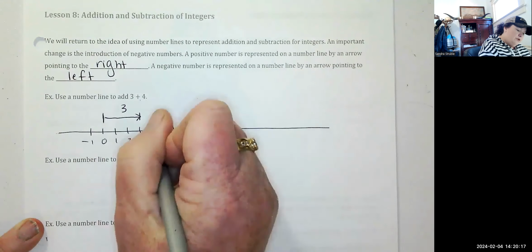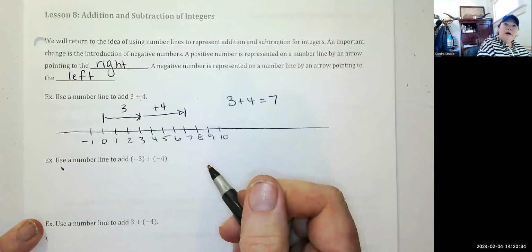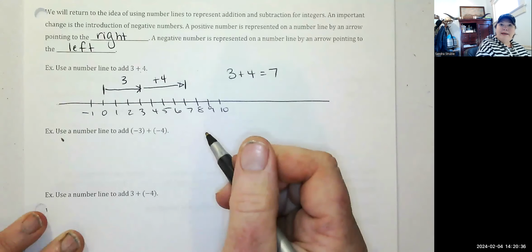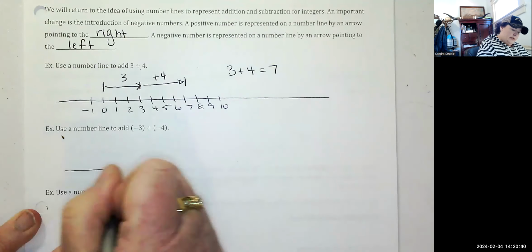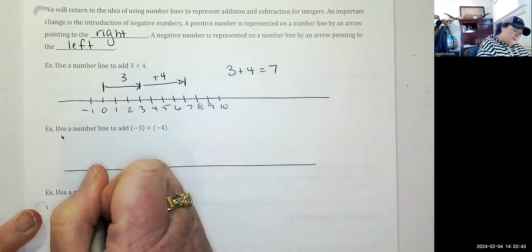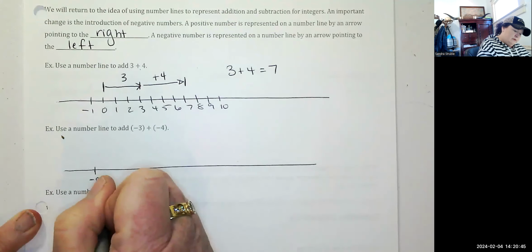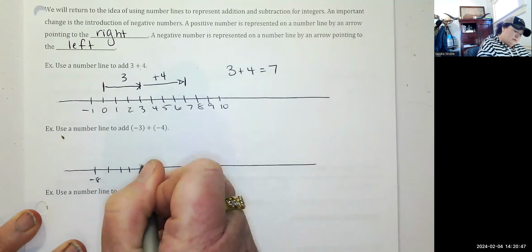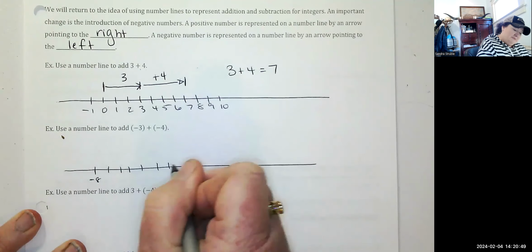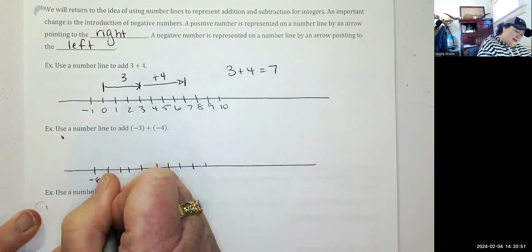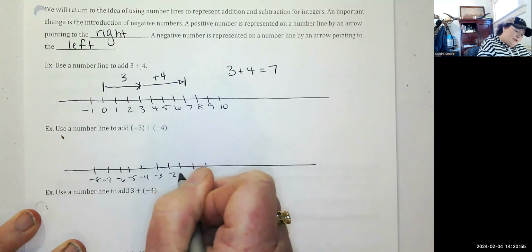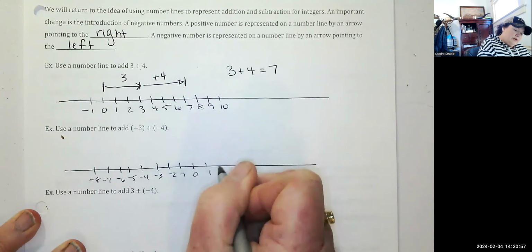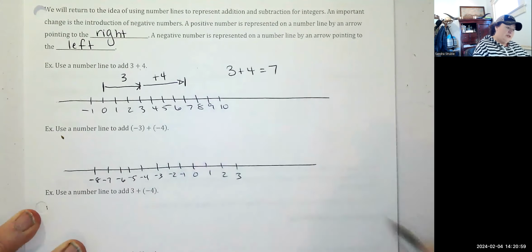Okay. The next one is we're going to use the number line to add -3 plus -4. So I need numbers a little bit further to the left now. I'm not very good at my spacing. I'm so sorry. -7, -6, -5, -4, -3, -2, -1, 0, 1, 2, 3. That's good enough.